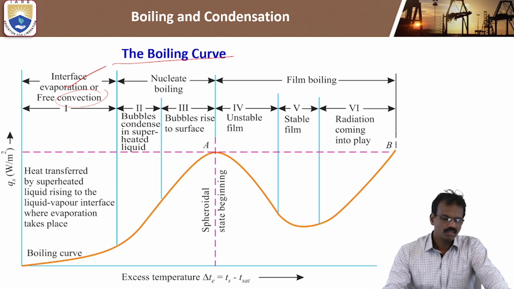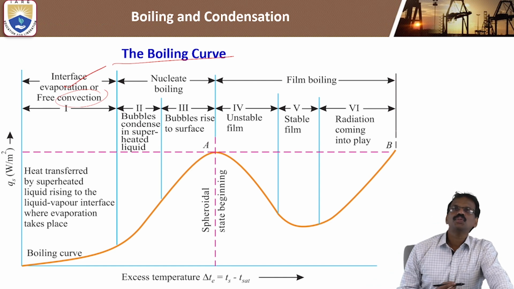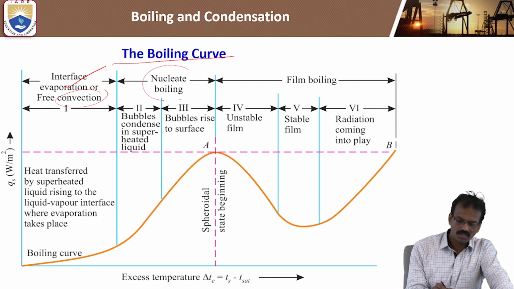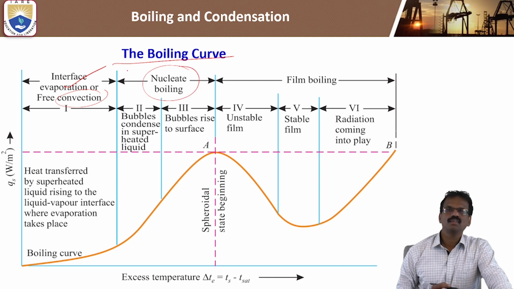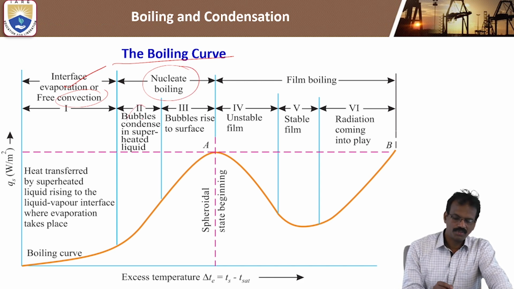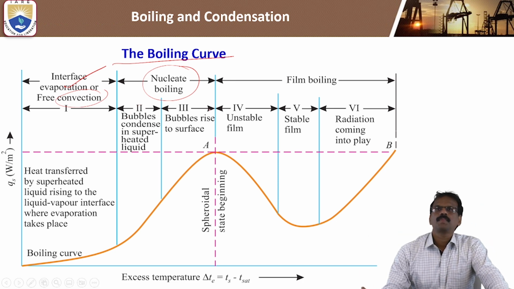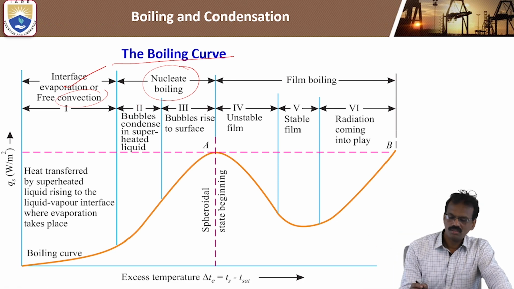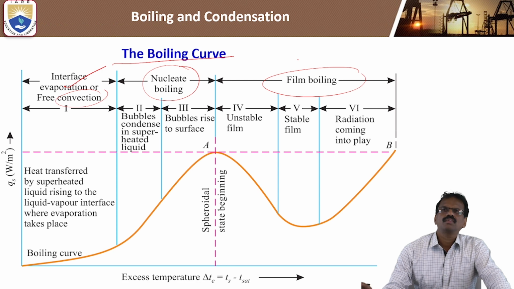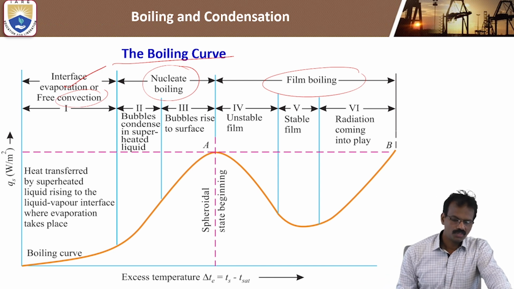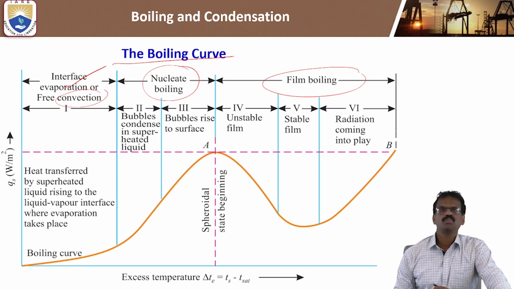We already discussed the convection process in previous classes. The second one is nucleate boiling. What is the importance of nucleate boiling? What are the different phase changes in nucleate boiling? The third stage is film boiling. Once again, I want to repeat this one. First is the interface evaporation or free convection process.